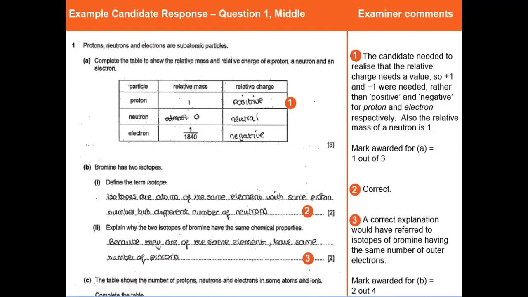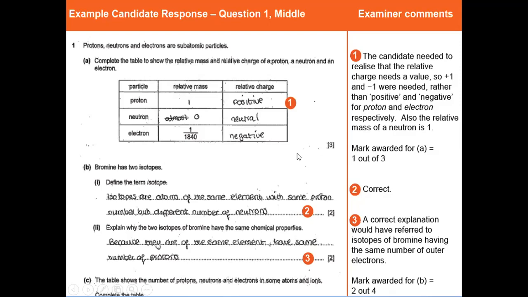The relative charges of proton, neutron, and electron need a value such as +1, 0, and -1 respectively, and not as the student has written in words. So no marks have been given. So out of 5 answers, he only has 1 answer correct. So the mark awarded is 1 out of 3. The entire question carries 3 marks.